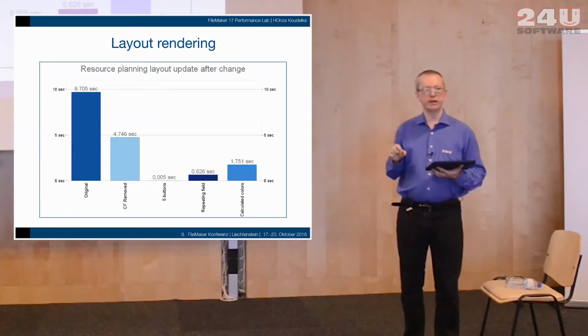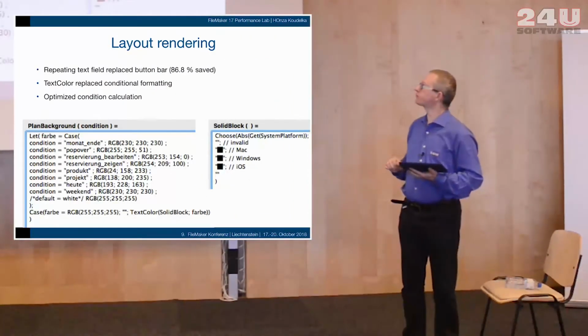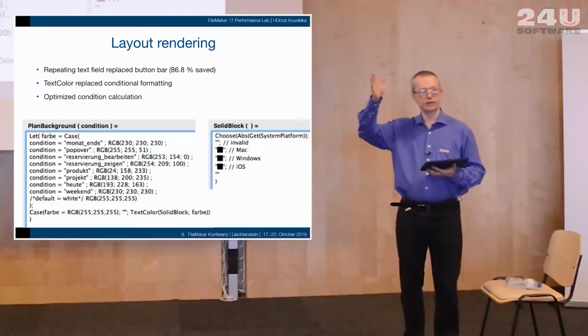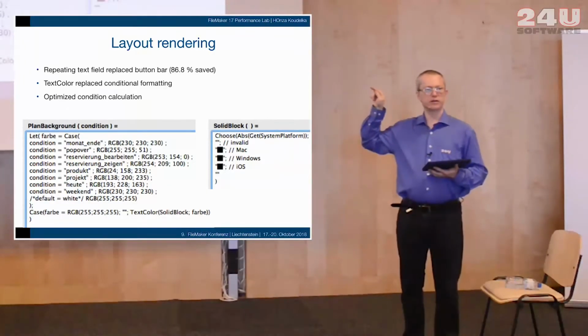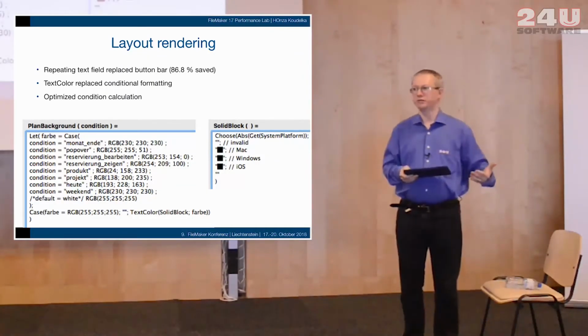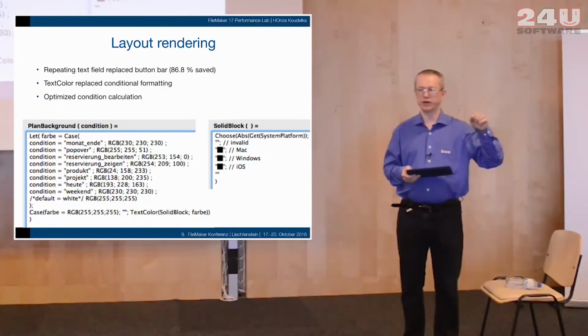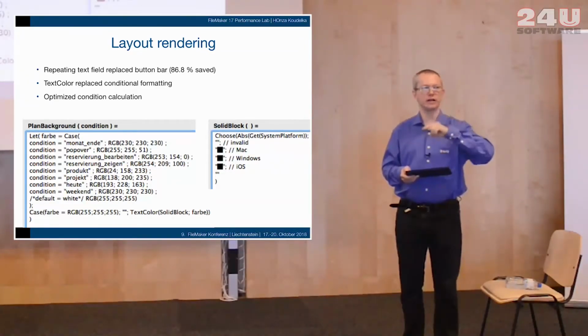We created a text field with a solid block in it as a character, repeated twice, I think, and we just changed the color of that solid block by calculation. Conditional formattings, even for a small change, were recalculated for the whole layout, but the color of the text in a field only gets recalculated for the record which you change.